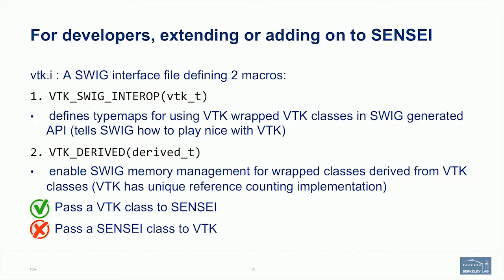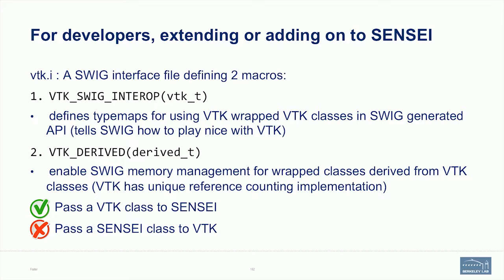What this does is it defines type maps so that VTK wrapped classes can be passed through the API. So with VTK swig interop, let's say you have a VTK class that you want to pass through your API. You have to use this to tell Swig that this is a VTK class, and it should be treated as a VTK class.